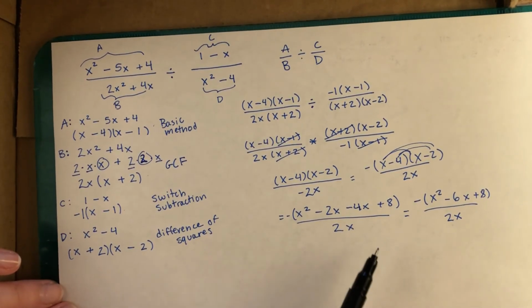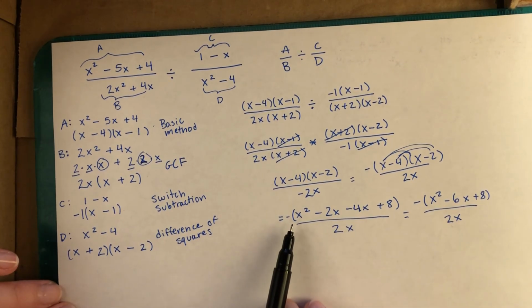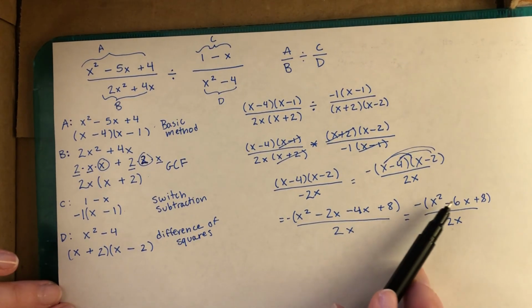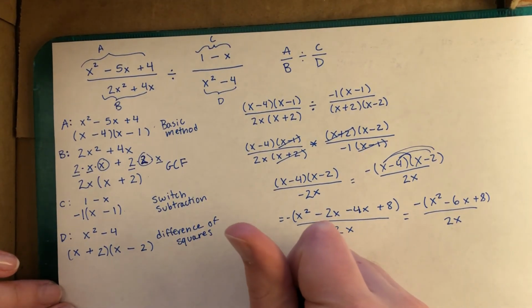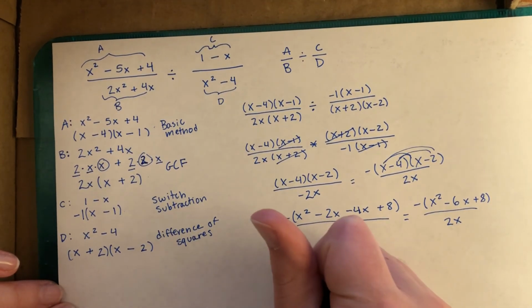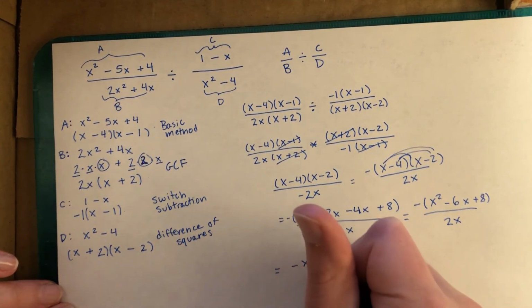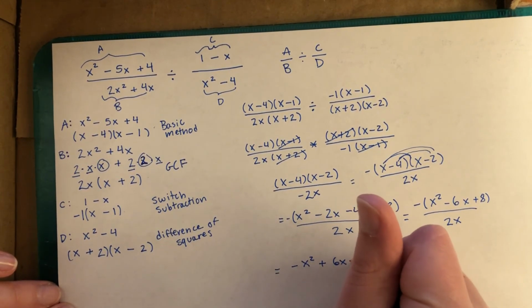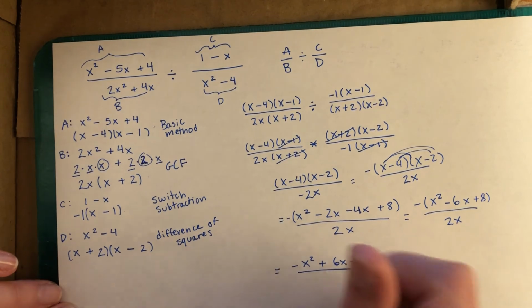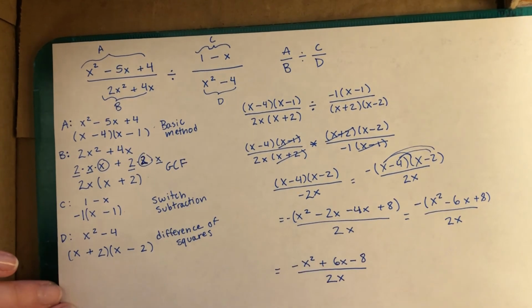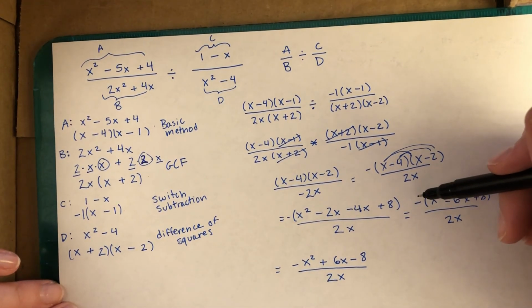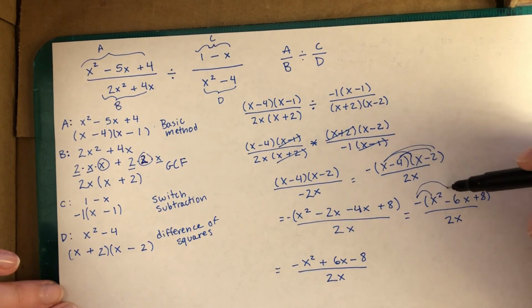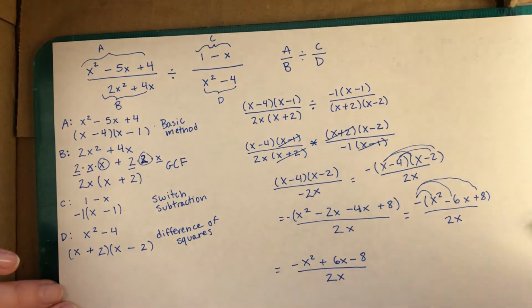And now I'm just going to take this negative sign here and distribute it. So this is going to give me a final answer of negative x squared plus 6x minus 8, all over 2x. When you have a negative sign in front of parentheses like this, it changes the sign of each term that comes after.